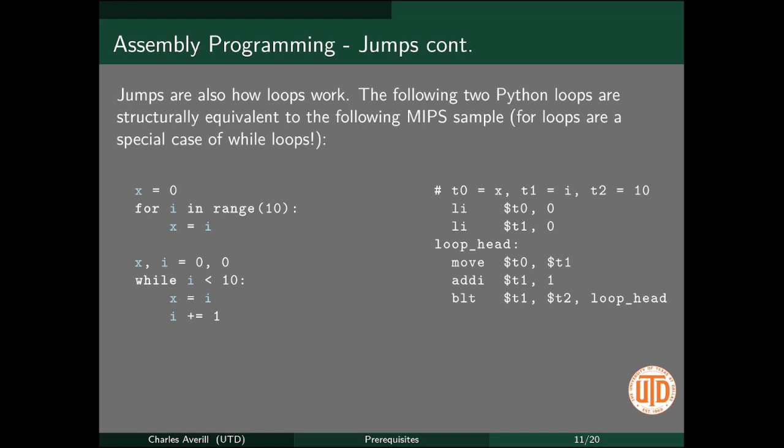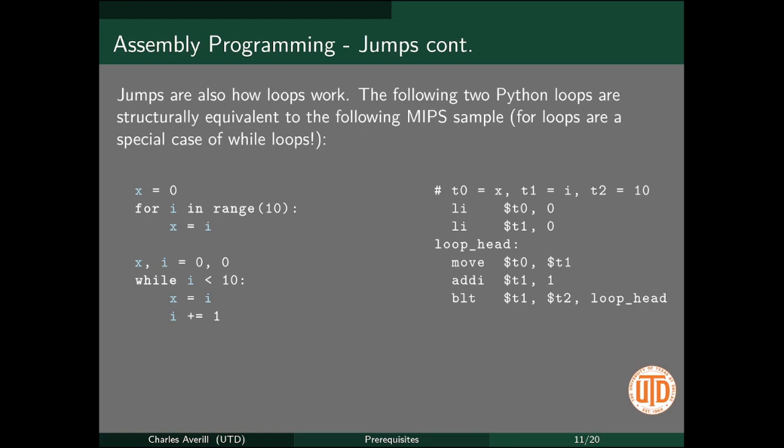The next thing we're going to do is add 1 to I. That's add immediate. It's just going to add 1 to whatever register you give it. So it's going to add 1 to T1, which is I. You see that in the while loop, and functionally that makes sense in the for loop.